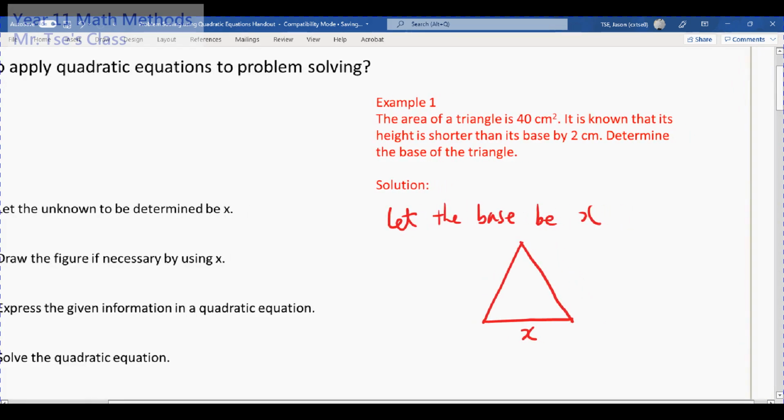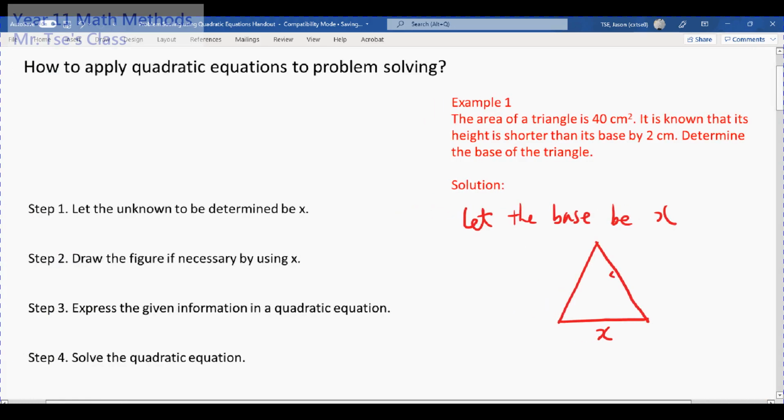Okay, then how about the other information? The area is 40 centimeters square. How about the sentence that its height is shorter than the base by 2 centimeters? That means there's some information about the height.